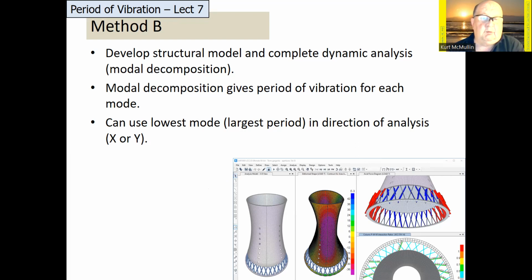Keep in mind this modal decomposition gives us modes in two perpendicular directions. So we're actually interested in the lowest mode, or the largest period, in each of the two directions, X or Y.